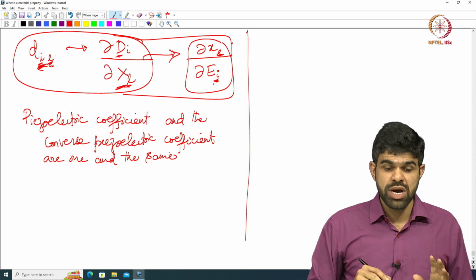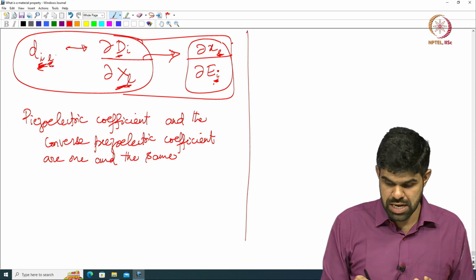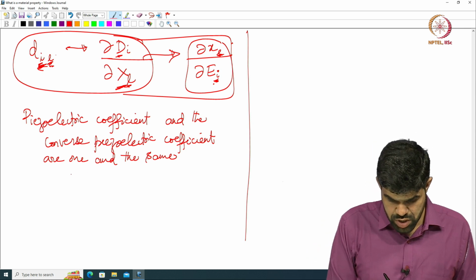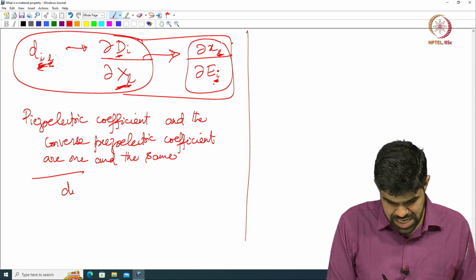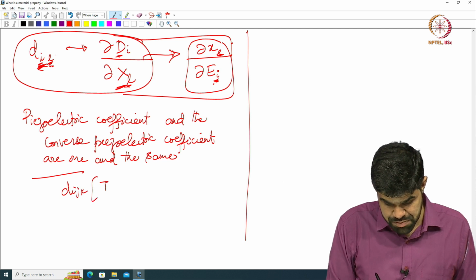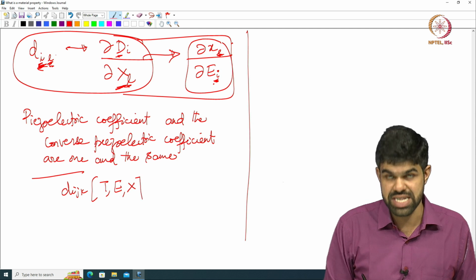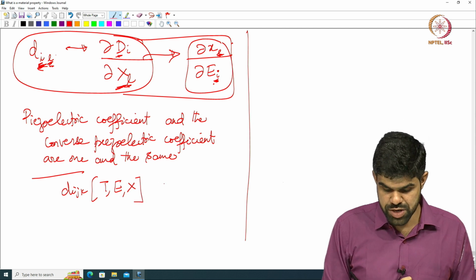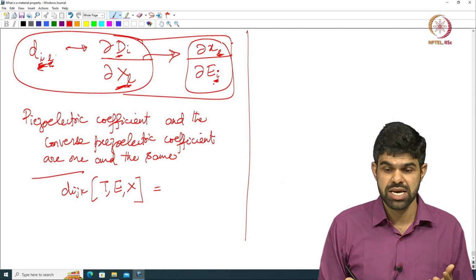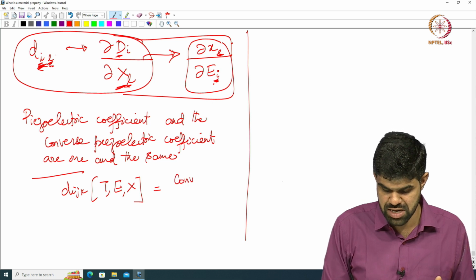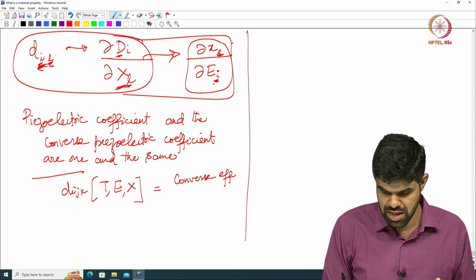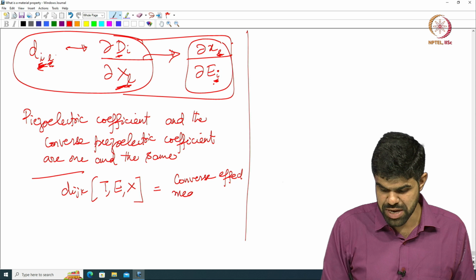Okay, but you have to measure them at the same conditions. So, what are you fixing, right? So, dijk measured at a given temperature, at a given electric field and at a given stress, right, will be equal to the converse effect, okay, measured at the same parameters.